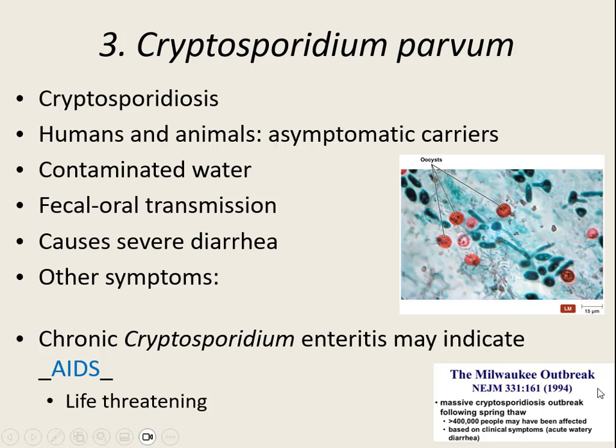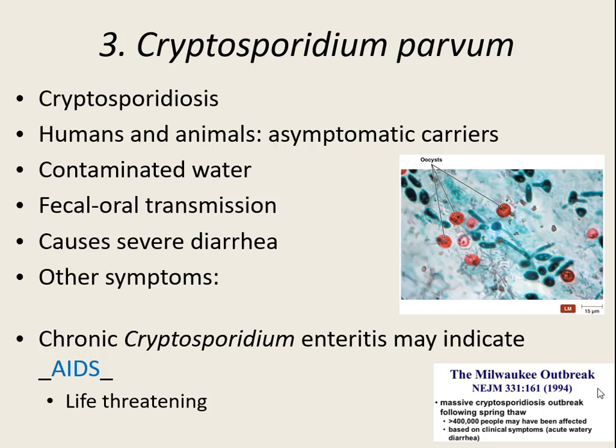Now, in 1994, one of the biggest outbreaks of Cryptosporidium was in Milwaukee. So part of Milwaukee, not even all of Milwaukee, but there was one water treatment facility that didn't do a very good job of filtering and treating the water, and everyone in Milwaukee that water treatment facility provided water to all got sick.